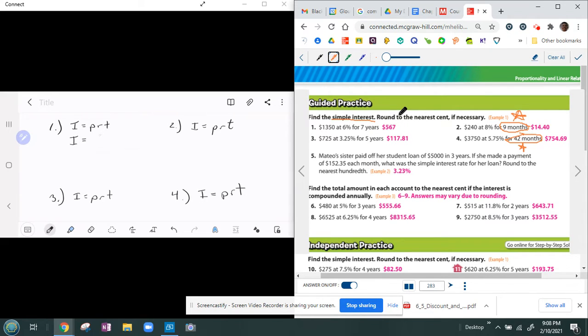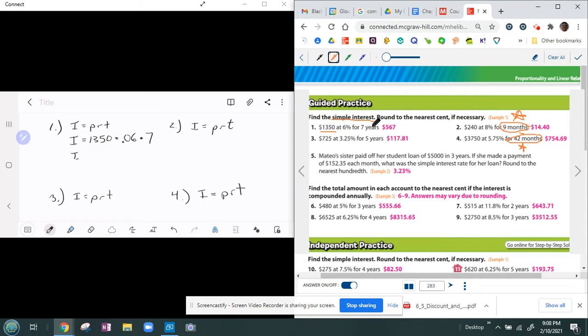P in this case stands for principal, which we can find right there. So that's going to be 1,350. And then we have the rate, which we're going to write as a decimal, 0.06. And then we have the years, 7 years, and the T represents time, so that's going to be 7.